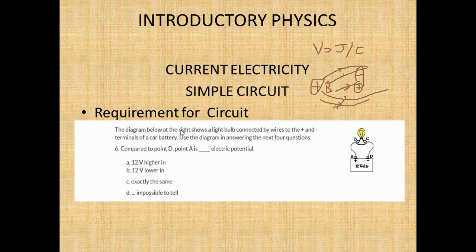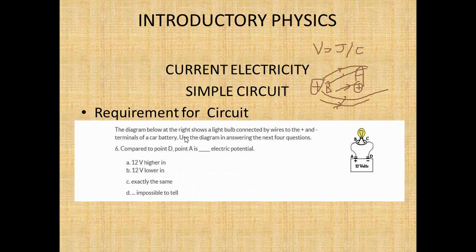The diagram below at the right shows a light bulb connected by wires to the positive and the negative terminal of a car battery. So this is a simple circuit. You have your battery, your internal circuit, your external circuit, and a light bulb.